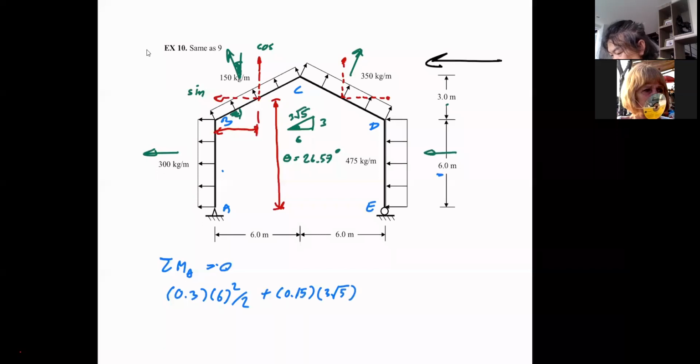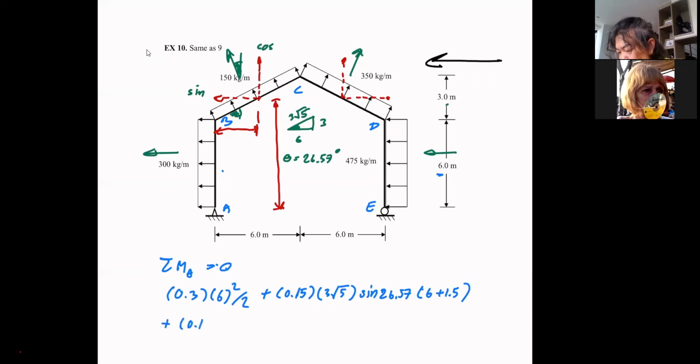So take the sine term to make it the horizontal component, sine 26.57. And the center of the load now is, of course, at the middle of the member. So the moment arm becomes 6 plus 1.5. Okay. And then the vertical component also gives you the counterclockwise moment.